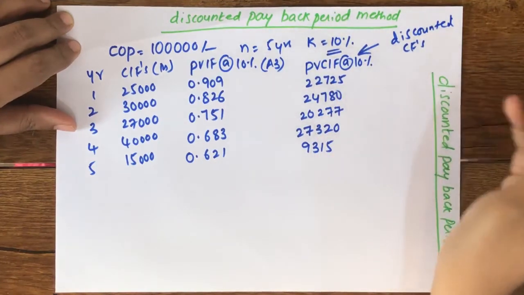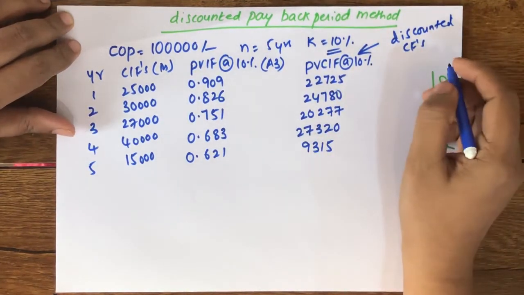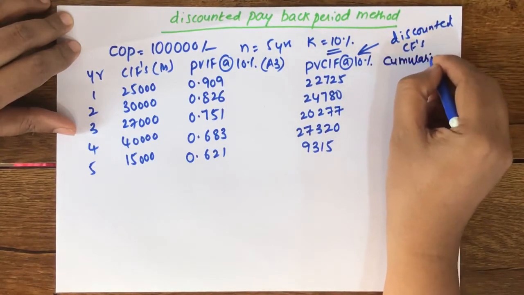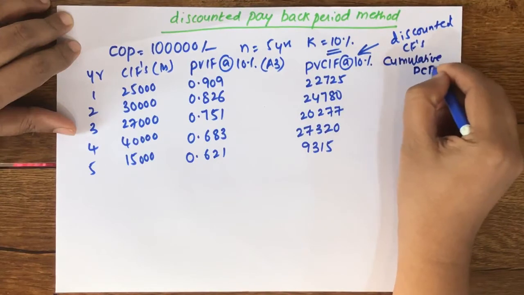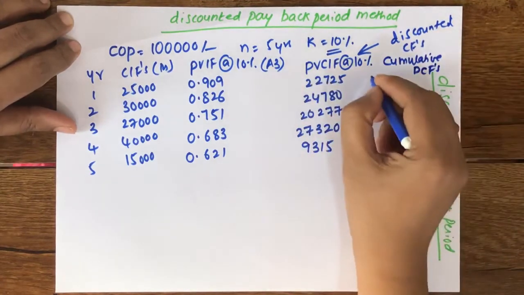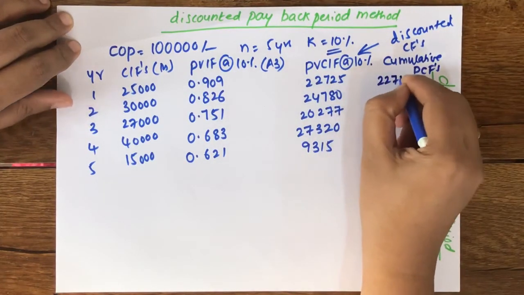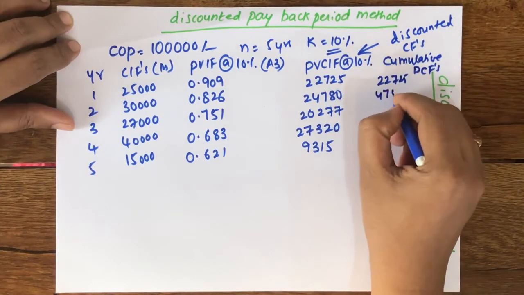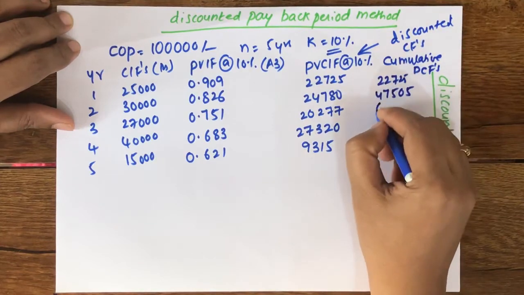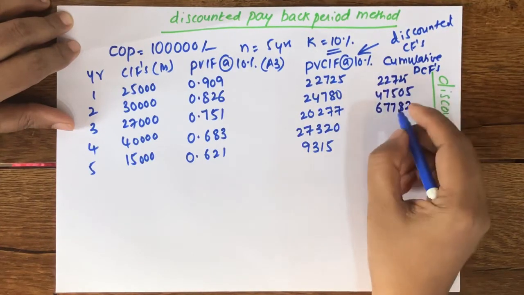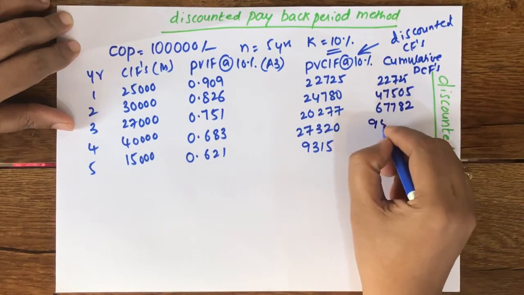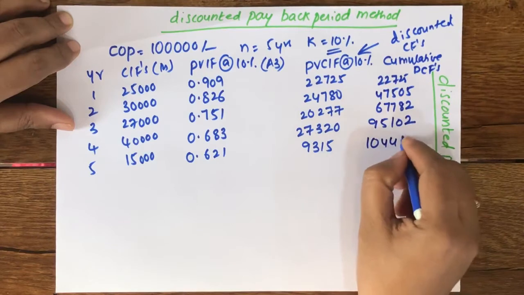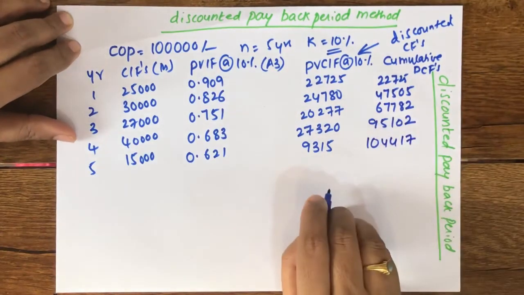Now from this step onwards, the regular procedure is followed. Using this, find out the cumulative discounted cash flows. So first year 22,725, then 47,505, 67,782, 95,102, and 1,04,407.